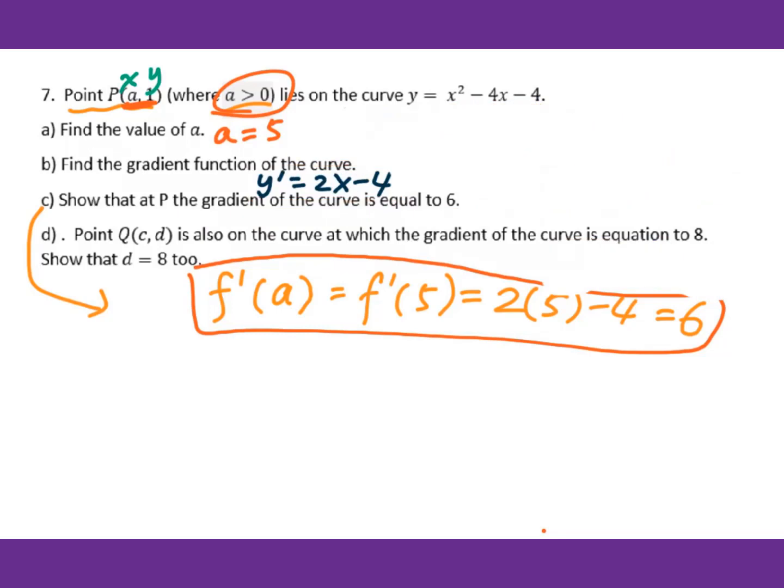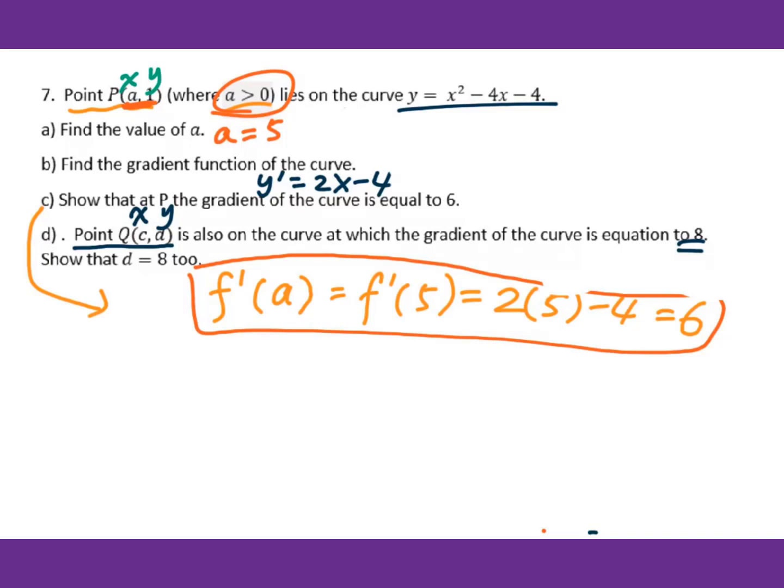Now let's go to D. Point Q (c, d) is also on the curve at which the gradient of the curve is equal to 8. Show that d equals 8. When you see the point on the curve, we can plug in x equals c, y equals d into this function.